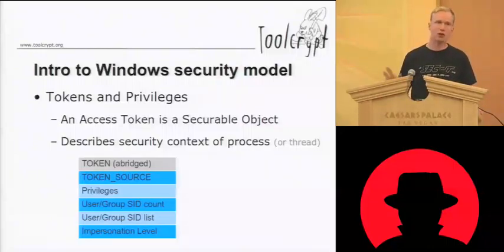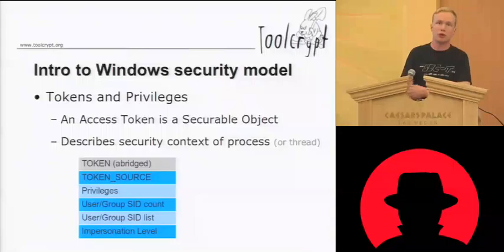And what that means is that you can take a new token containing some completely different information and temporarily make it the access token for that particular thread, which is very important.